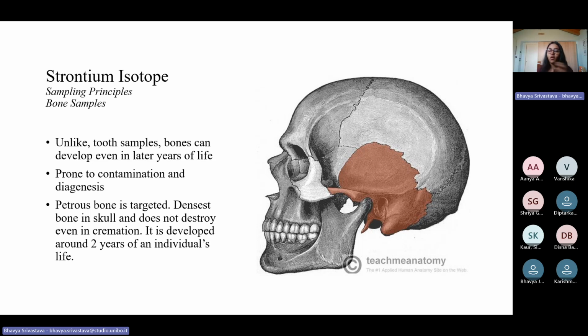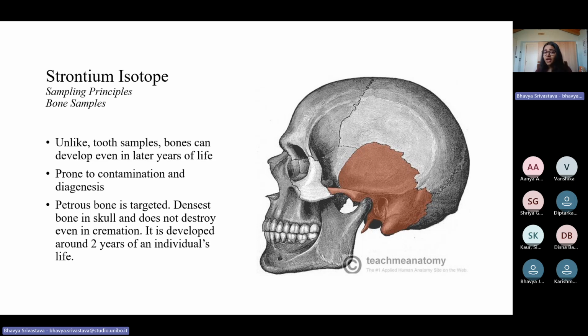It's not like you can take all the teeth and just extract the strontium isotope ratios present in them. It is nothing else but destruction. And archaeology, although we all are studying or are going to study archaeology, is often considered a science of destruction. So you have to be very, very careful while extracting samples and knowing which sample you're extracting and for which purpose.